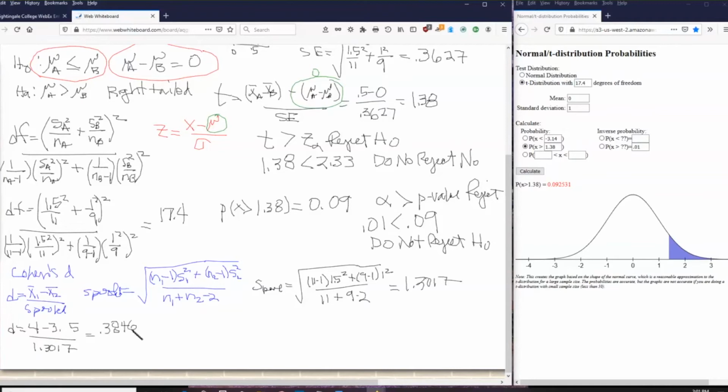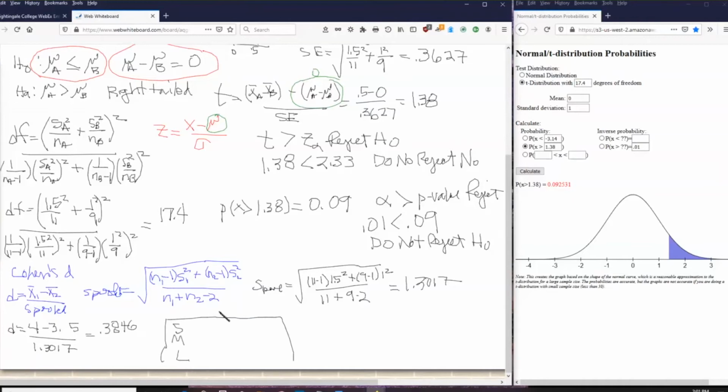So this is my calculated Cohen's D. And then I'm going to compare it to Cohen's standard effect sizes. So he's going to have small, medium, and large.